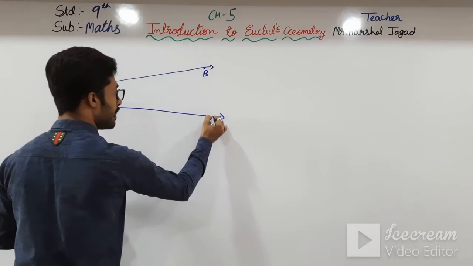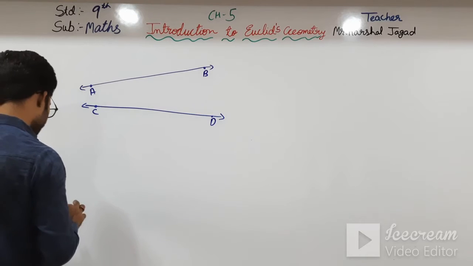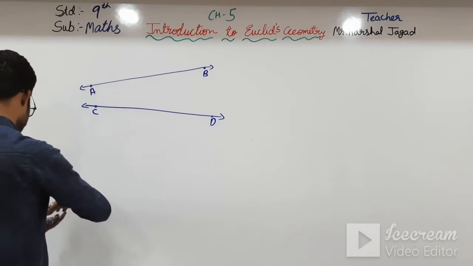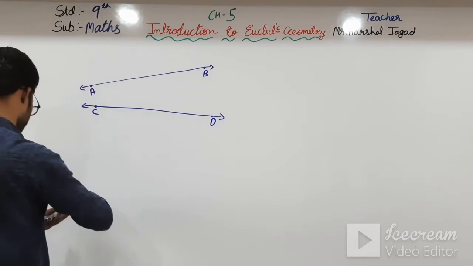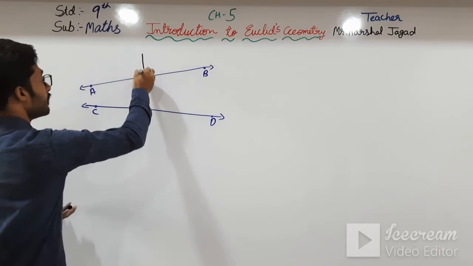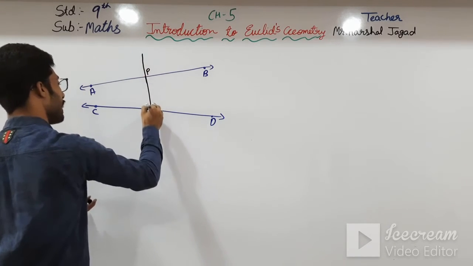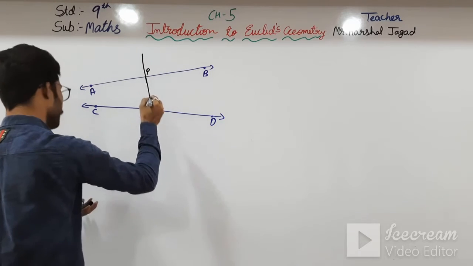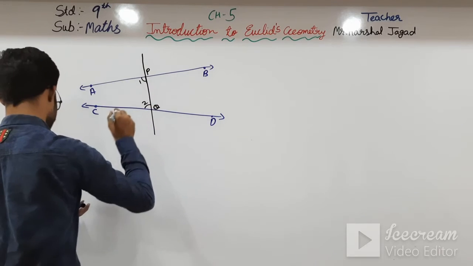This is C, and this is D, and an intersection point. See here, PQ is given. Here there is P and here there is Q. This is angle 1 and this is angle 2.